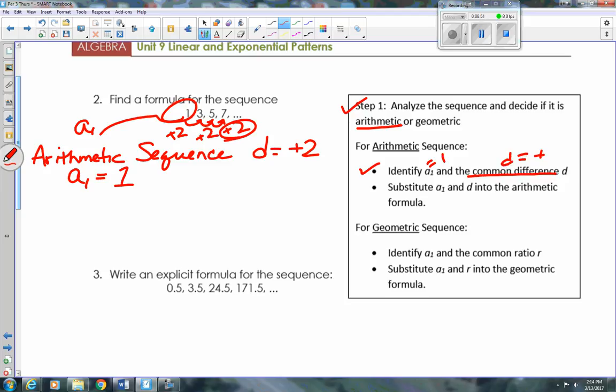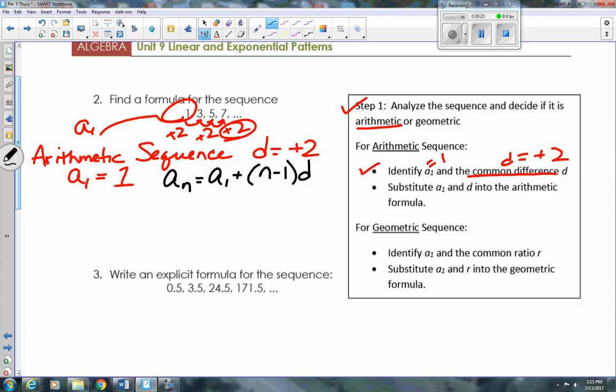D is our plus 2. I want to substitute both those values into my formula for an arithmetic sequence. Now that formula from our other page is A subscript n equals A1 plus n minus 1 multiplied by D.